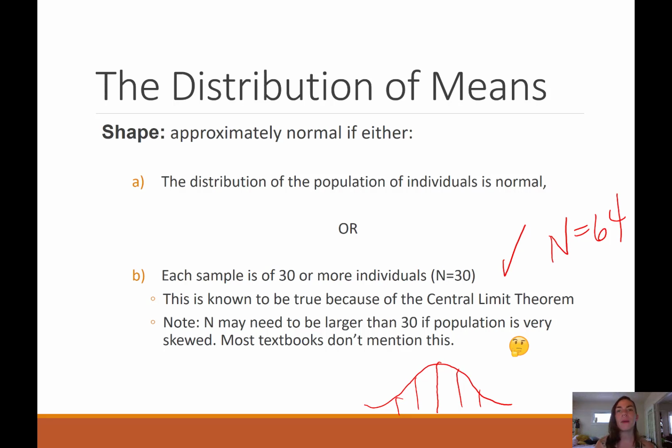So I know exactly the probability of my test statistic occurring as long as it falls on this normal distribution. If I can map my sample score onto this comparison distribution, then I can figure out exactly how likely or unlikely my sample value is, as long as this distribution is normal.